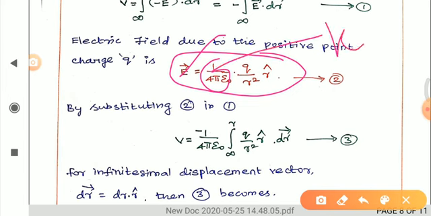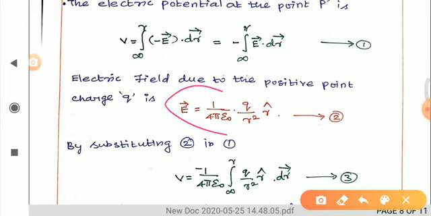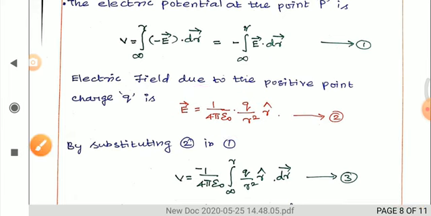Now, by substituting the value of E in equation number 1, so here the E value is substituted. How can we write it? It is given in the third equation.